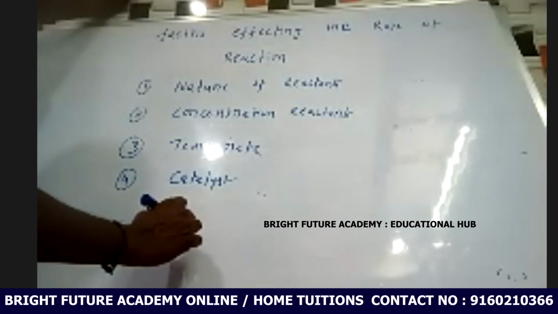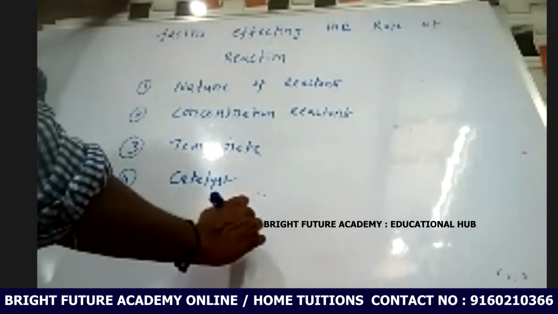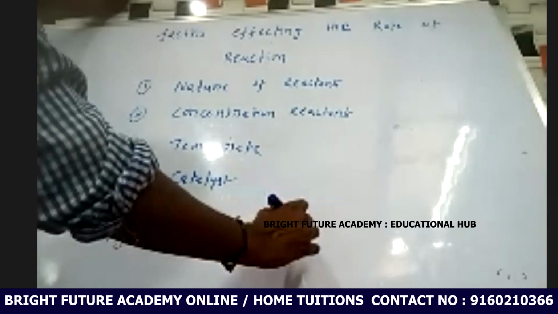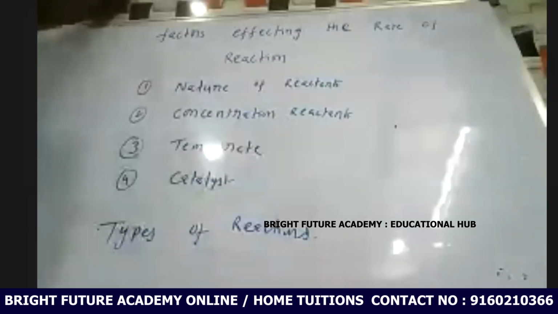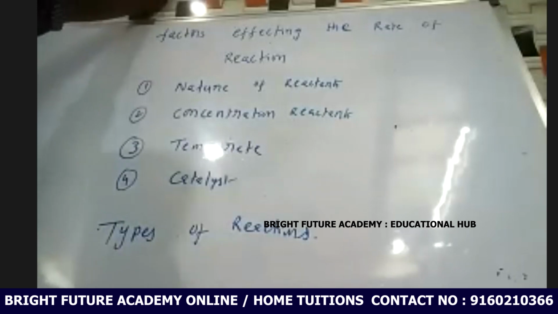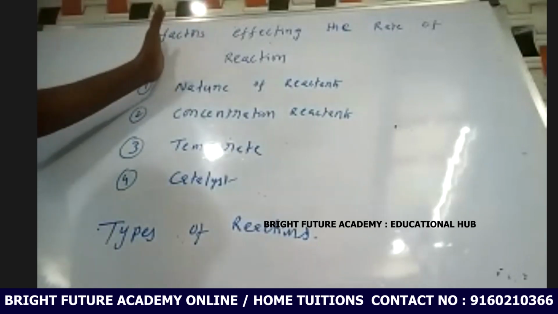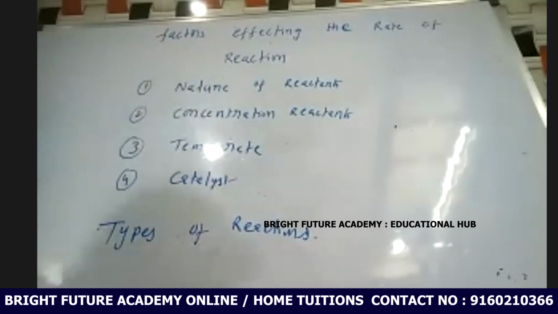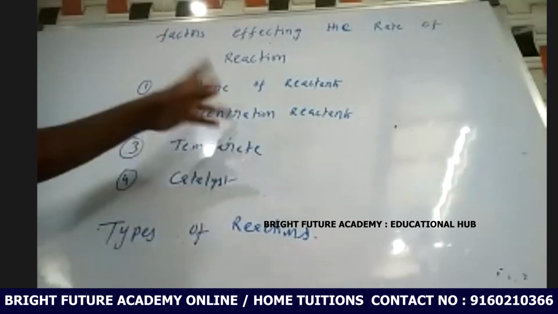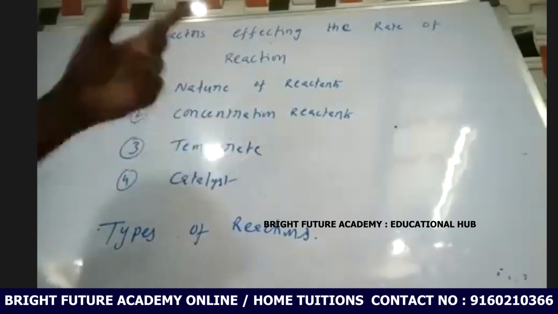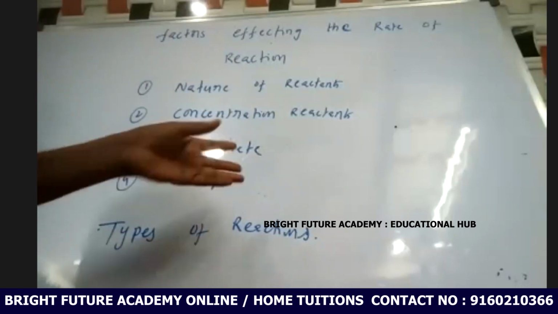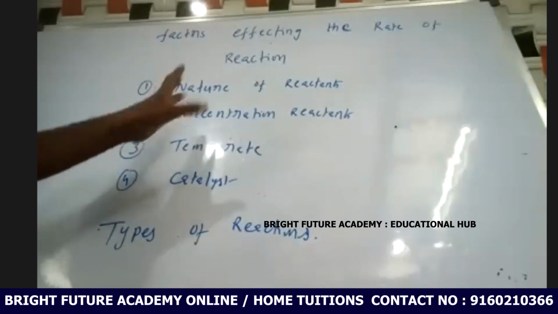From the EAMCET point of view, in this topic the most important are rate of reaction, factors affecting rate of reaction, order of reaction, and molecularity of the reaction. Particularly zero order and first order, based on this. In examinations, EAMCET or mains level, you will get questions. One by one we'll discuss.